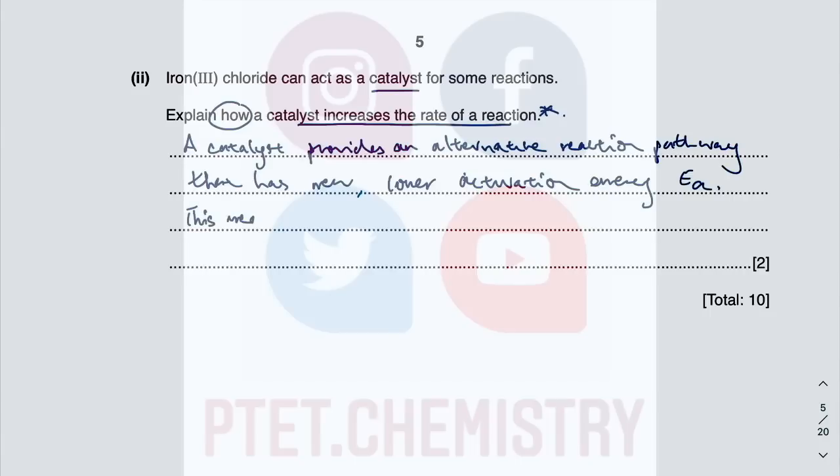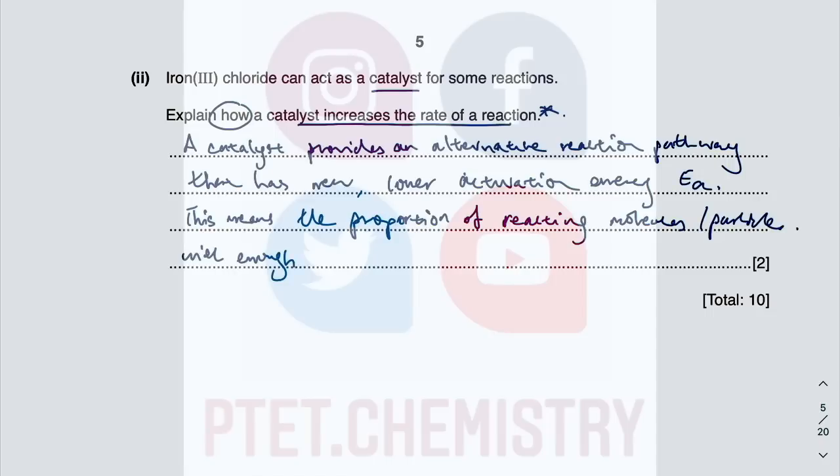This means the proportion, or the ratio or the percentage, of reacting molecules, or you can use the word particles, with enough or sufficient energy that is greater than or equal to the new lower Ea will increase.